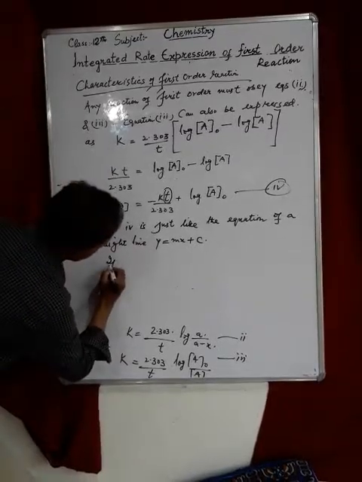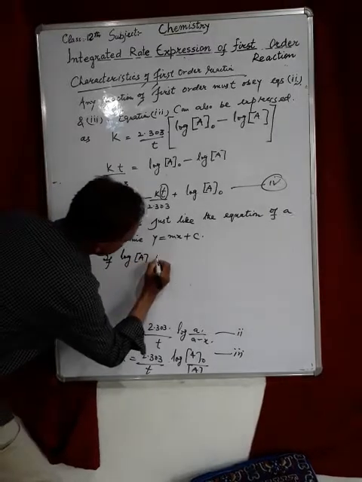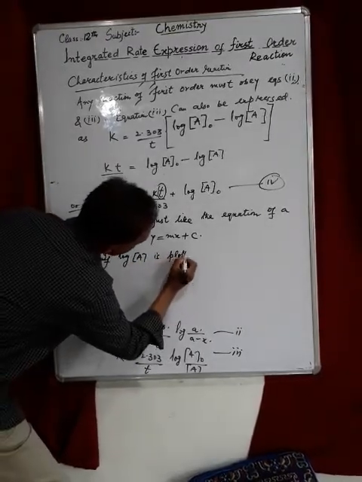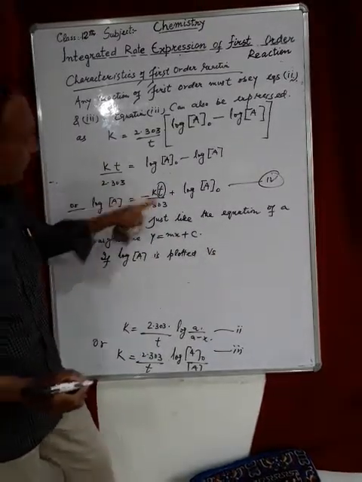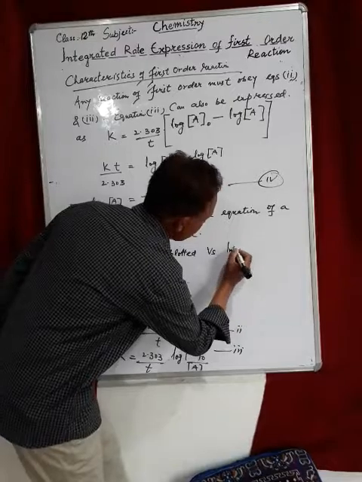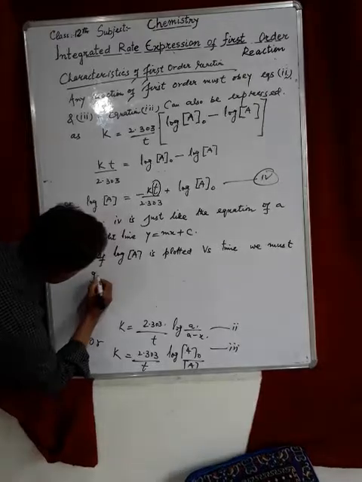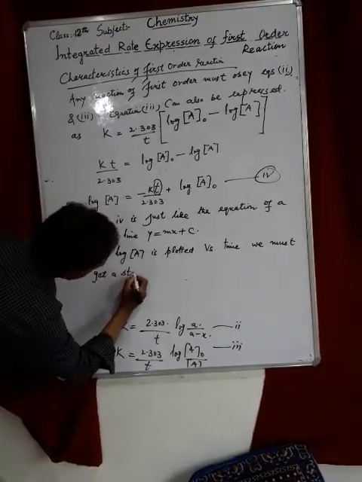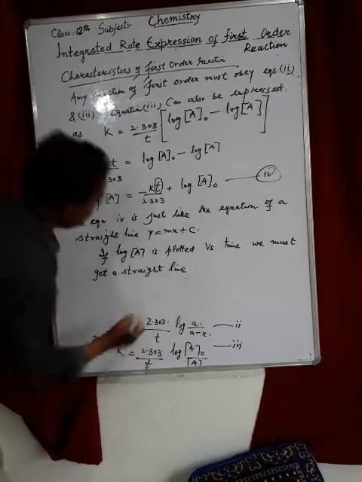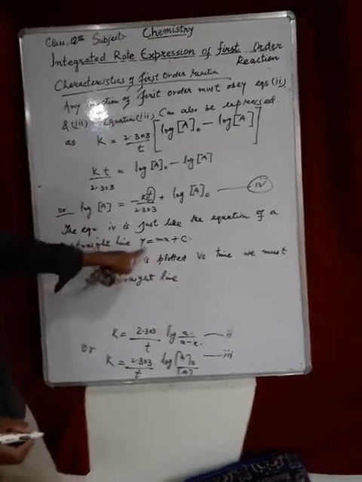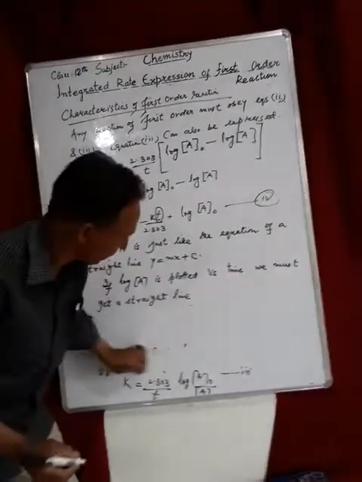So if log a, the variable, is plotted versus time, we must get a straight line, because it is just like the equation of the straight line y is equal to mx plus c.